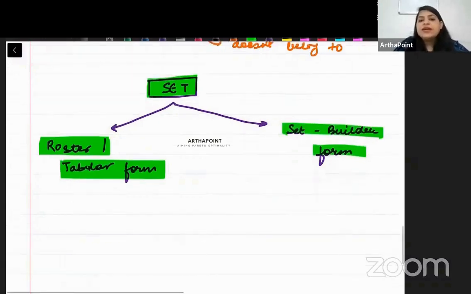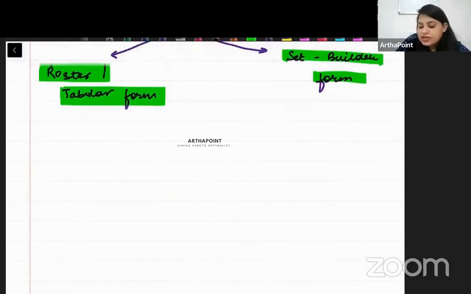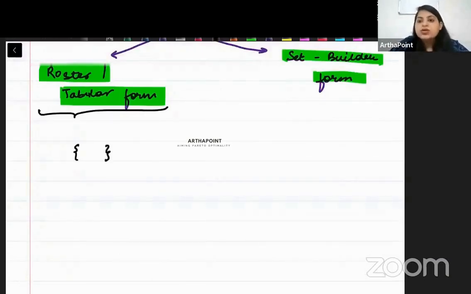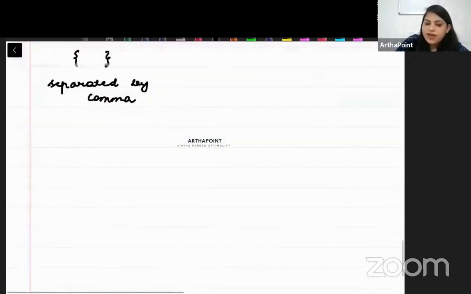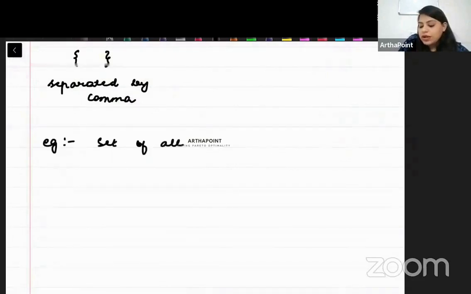So whenever we write it in the roster form, in this format, beta, everything is written in these curly brackets, right? जो भी elements होते हैं, they are represented in the curly brackets and they are separated by comma, right? And let us take an example. Just say, if I ask you, give me a set of all natural numbers which divide 42.